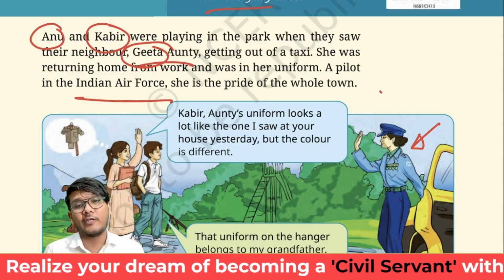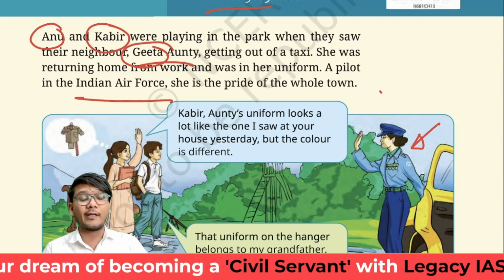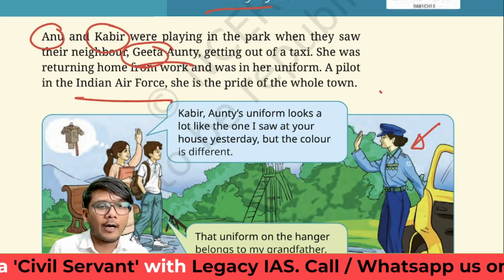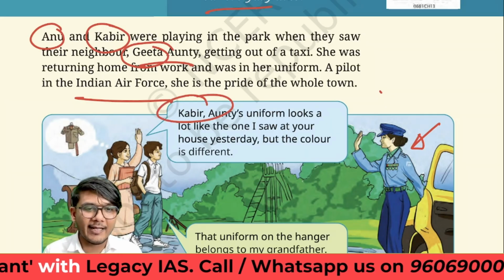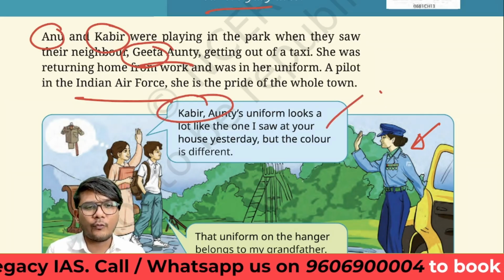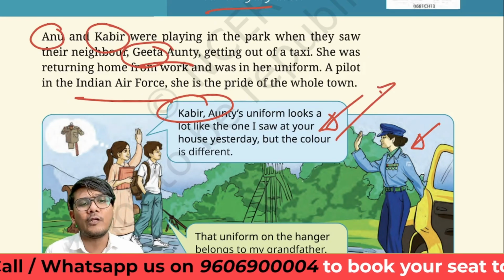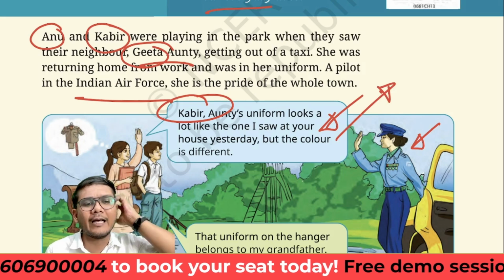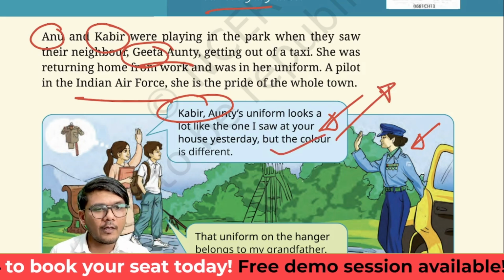It shows the amount of gender equality or the progress that we have made in women empowerment as well. So Kabir talked about her uniform, saying that the uniform she's wearing is quite similar to the uniform he has seen in his own house. However, the color is different, right?